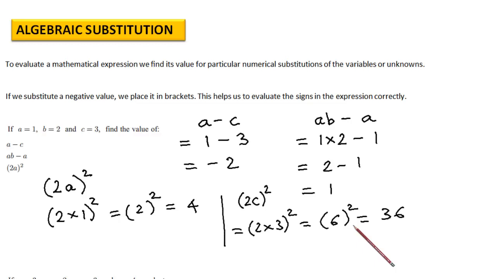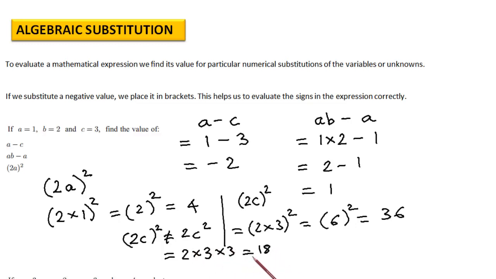It's very important for us to also understand and remember that 2C the whole square is not equal to 2C square, because if it had to be equal to, then the value would have been equal to 36. But 2C square is simply 2 multiplied by C square. And what is the value of C? C is simply 3. So 3 into 3. So we have 2 3s are 6, 6 3s is 18. So remember, 2C the whole square is simply not equal to 2C square.